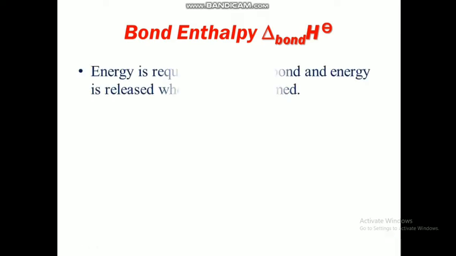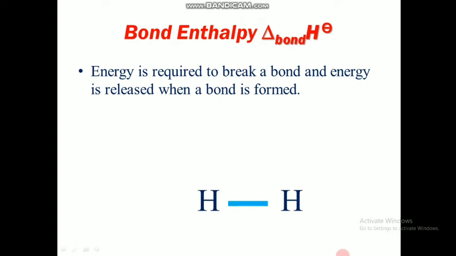So as we know, energy is required to break the bond, but the same amount of energy is released when a bond is formed. That also we know. So for example, we have a hydrogen molecule like this. When we are breaking this bond and separating them into two different atoms, that requires energy.